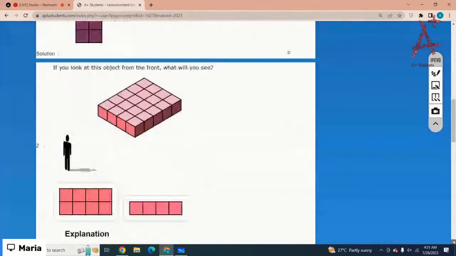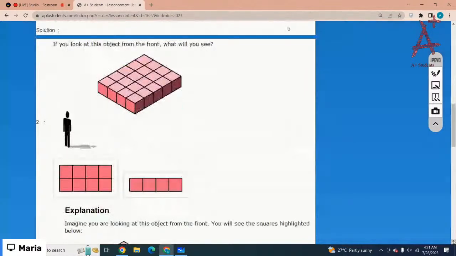Okay, if you look at this object from the front, what will you see? You are standing here.